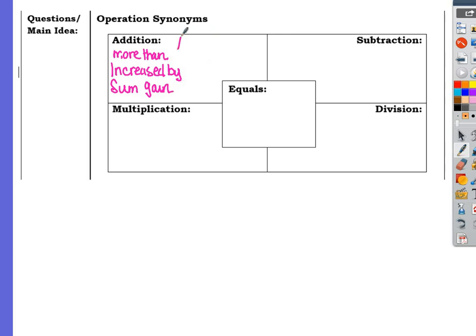They can use words like altogether, total, and all, and combined. Again, not all the words that could mean to add, okay, but definitely some of them.